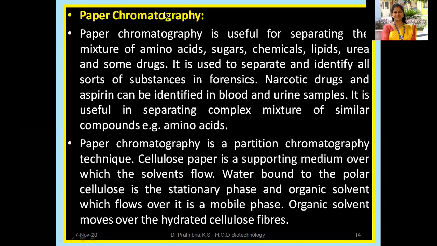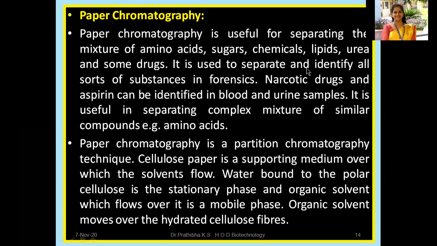Now let us understand paper chromatography. This is very important, pay attention. Usually in the exam, you may get this one for 5 marks. Paper chromatography is useful for separating mixtures of amino acids, sugars, other chemicals, lipids, urea, and some drugs. As the name suggests, you'll be using paper as the stationary phase.